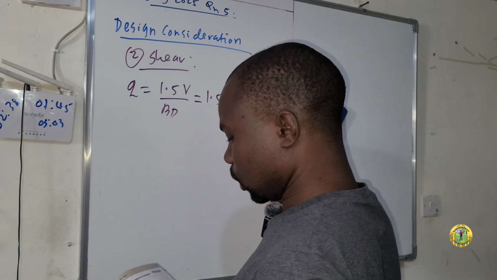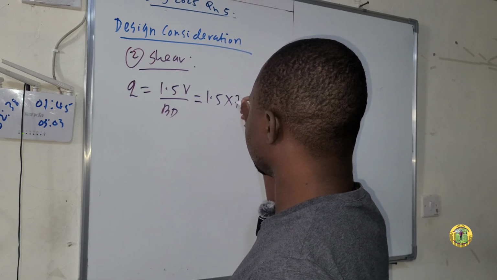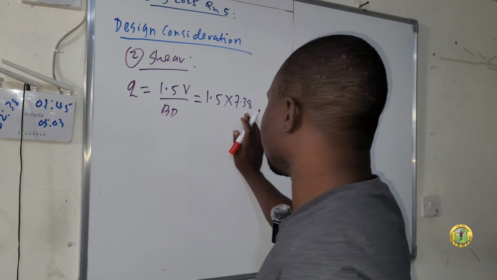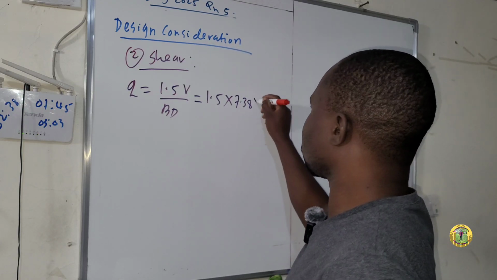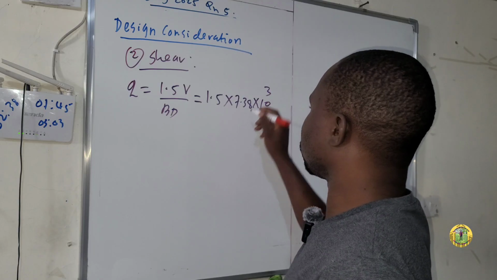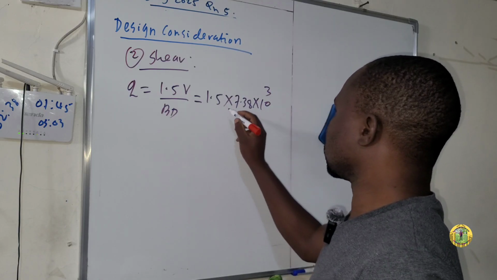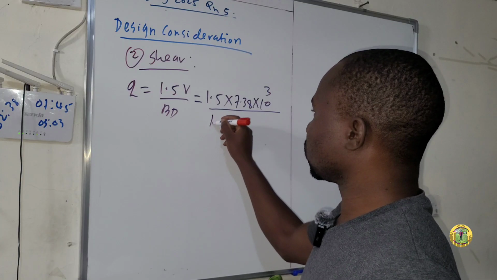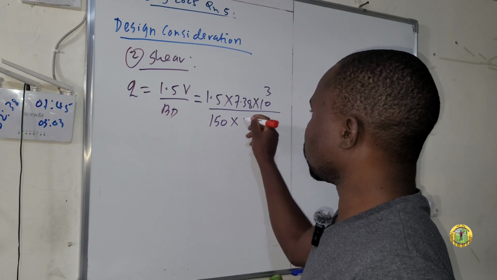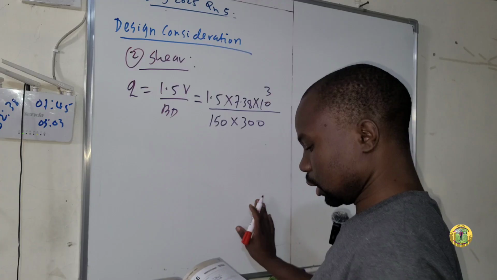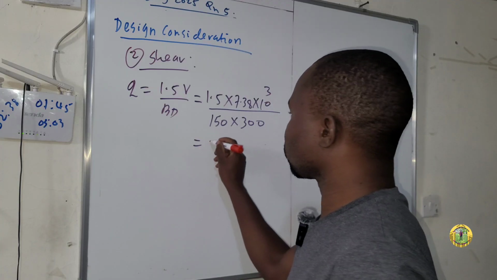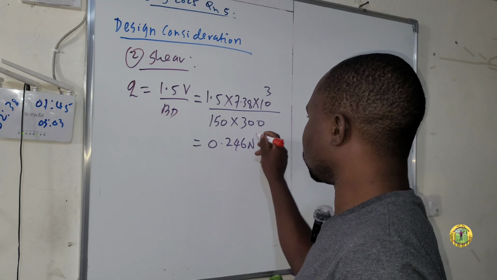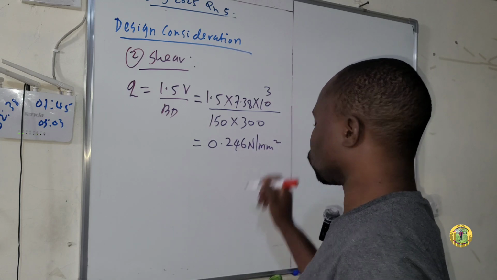Remember our V is 7.38, and this 7.38 is in kilonewton, so multiply by 10 to power of 3 to make it Newton, over B. Our B is 150 and our D is 300. So this one is equal to 0.246 Newton per millimeter square.